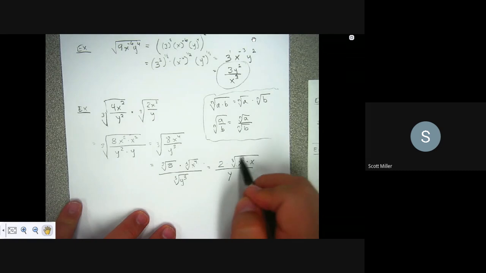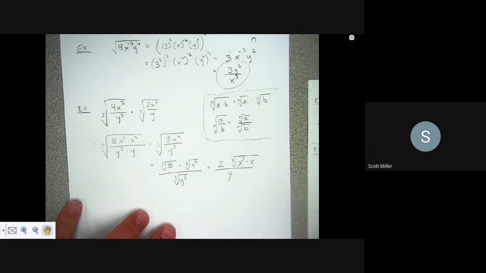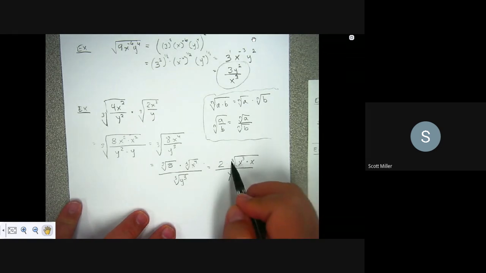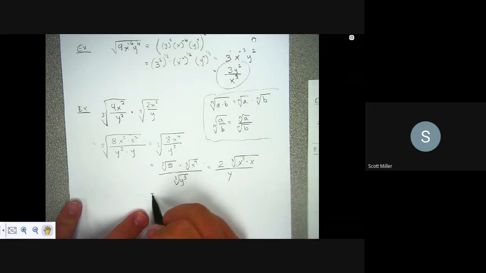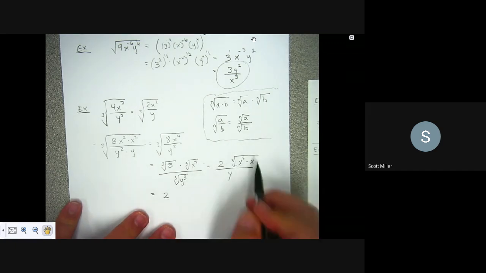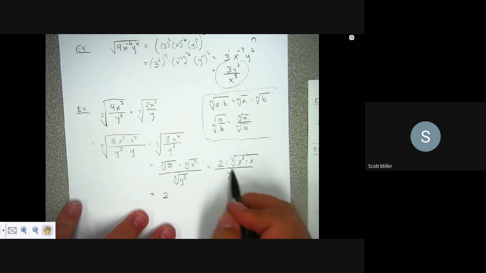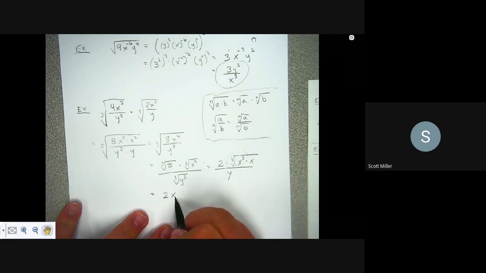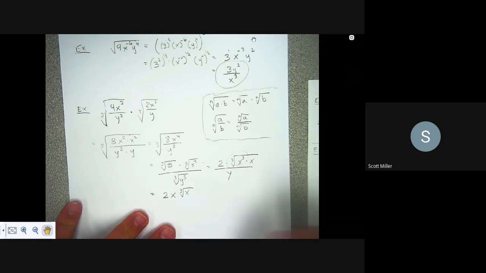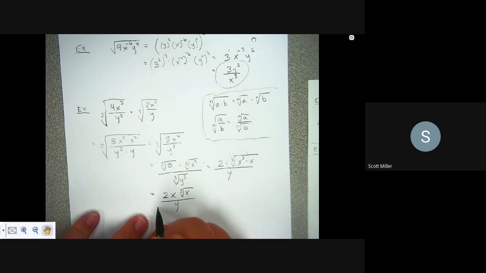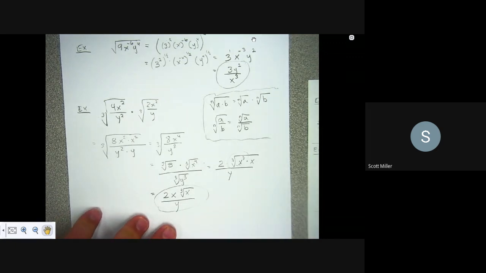Because that is a perfect cube. It matches this index, which means it's going to do like this did. And I'll get, there's the 2. This part right here simply becomes x. And I'm left with 1 x underneath that radical. And that is the answer you're looking for.